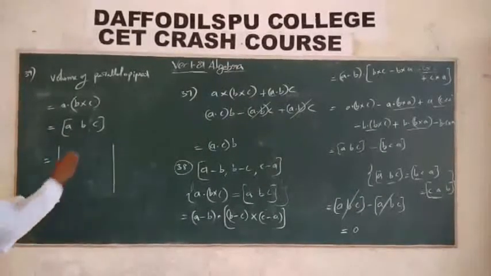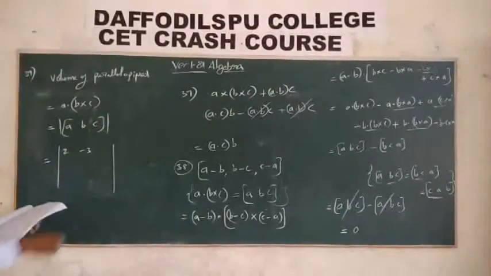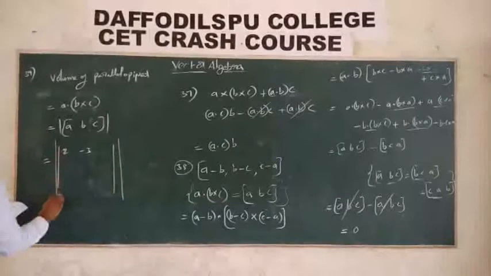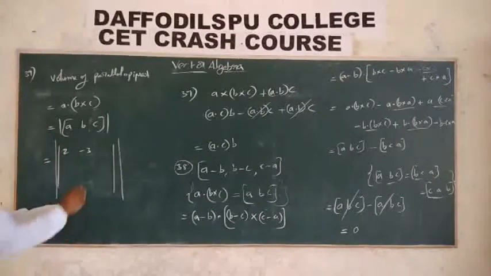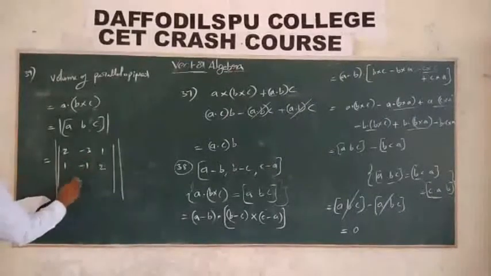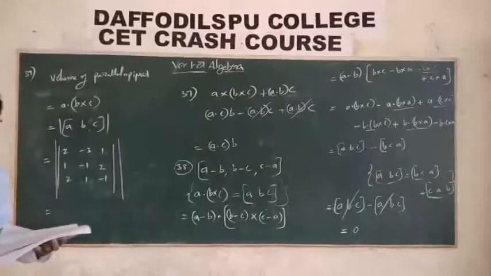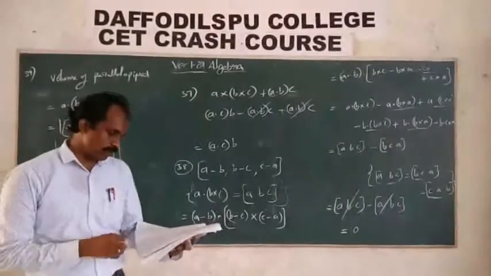Volume is always positive, so take the modulus of the determinant: 2, minus 3, 1; 1, minus 1, 2; 2, 1, minus 5. The value of this determinant is in cubic units. Do that problem.